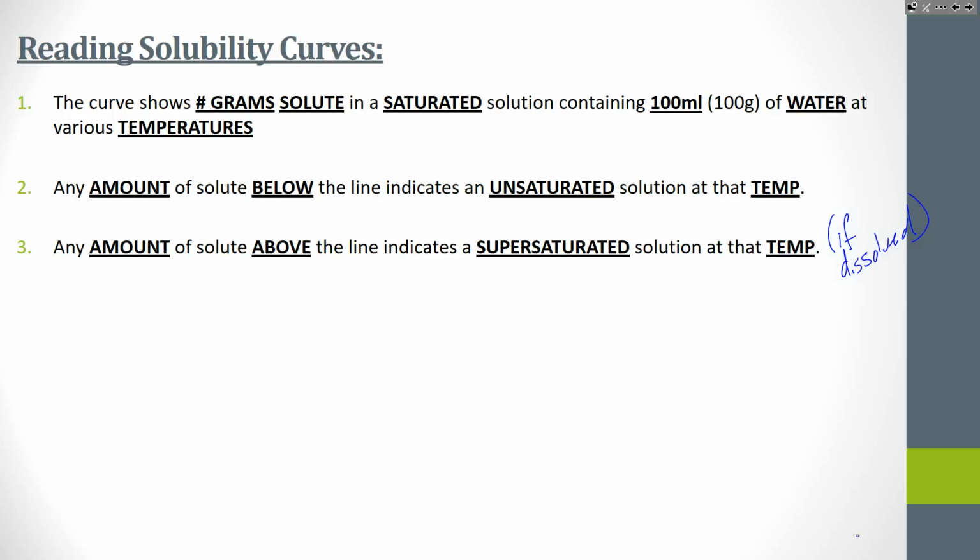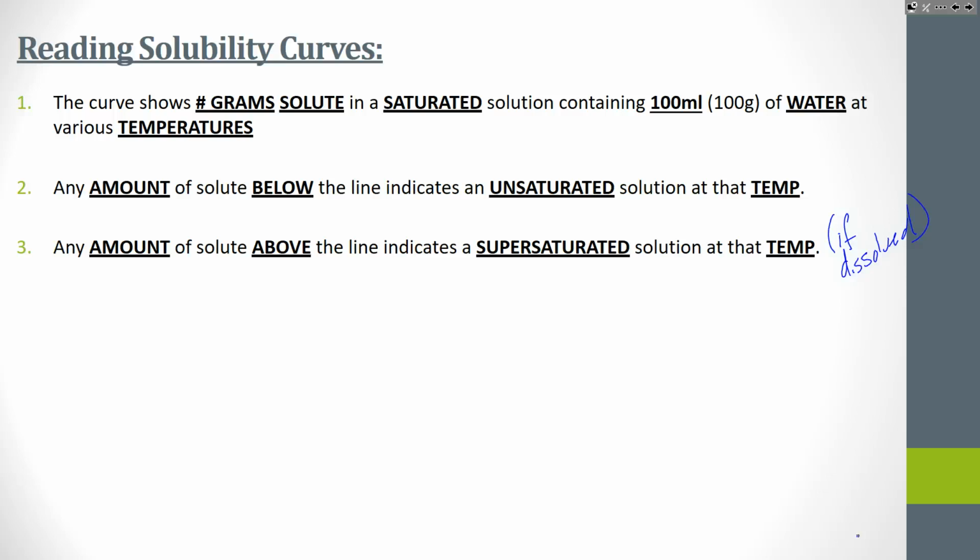It's actually holding more. It's very unstable. If you drop a crystal of sugar in there, it will all precipitate, well, not all, the extra will precipitate out. If you bump it, even if you look at it funny, it will precipitate out. So it's a very unstable situation, but it can happen.